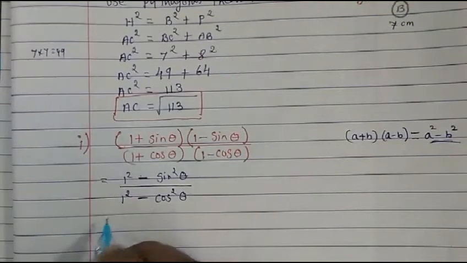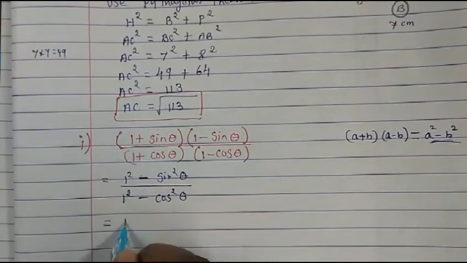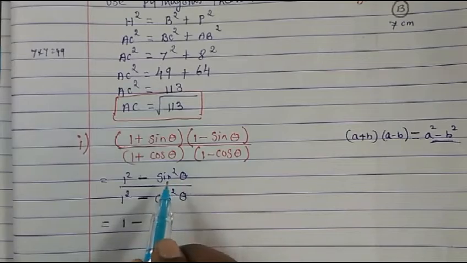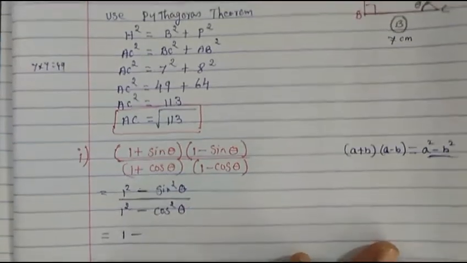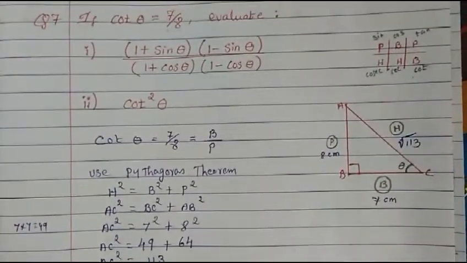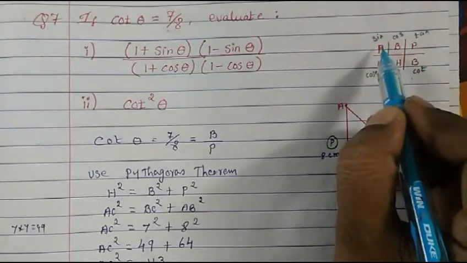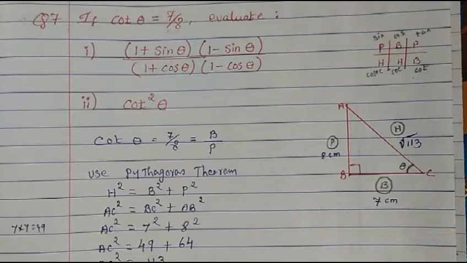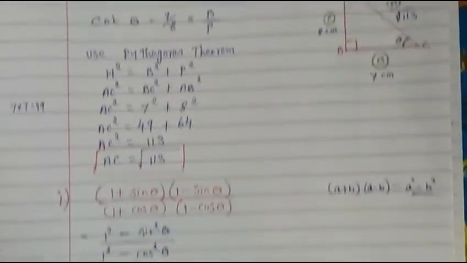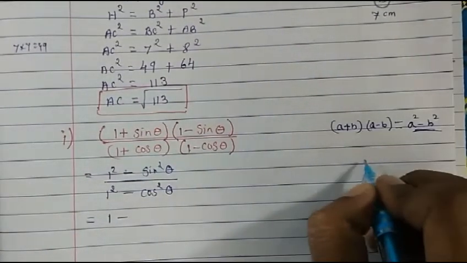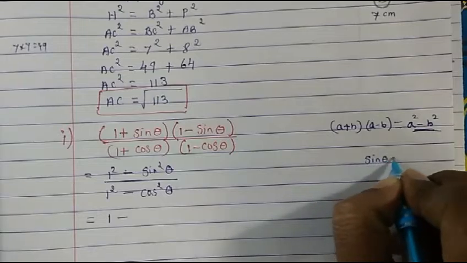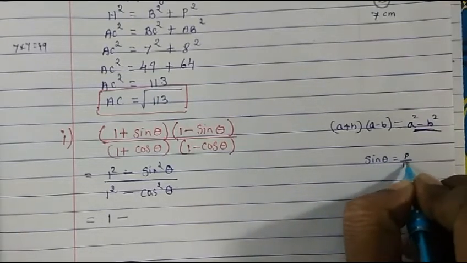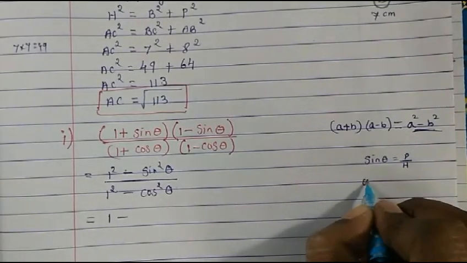Now let us write down: 1 square will be 1 only, minus sine square. Sine theta is perpendicular upon hypotenuse. What about cos?